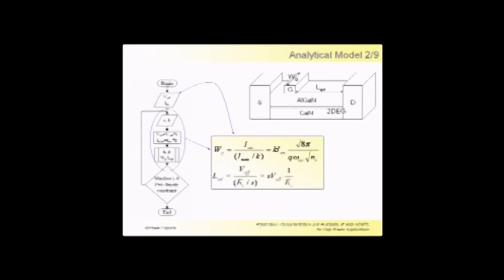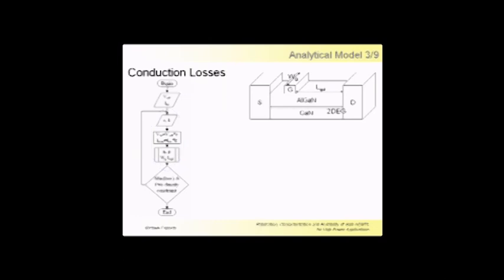We want to know how to design the gate periphery and the gate-to-drain spacing. So of course we have material parameters, we have operating points, and we have these two new parameters. There is one more degree of freedom in the device design.